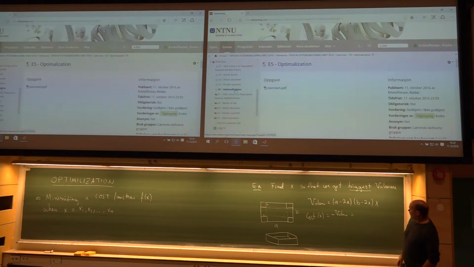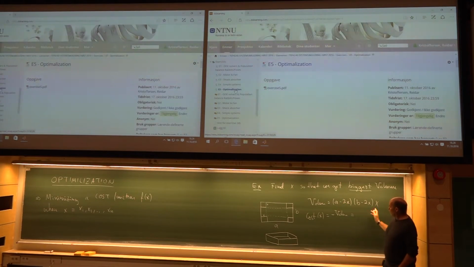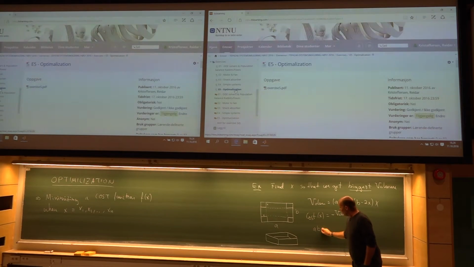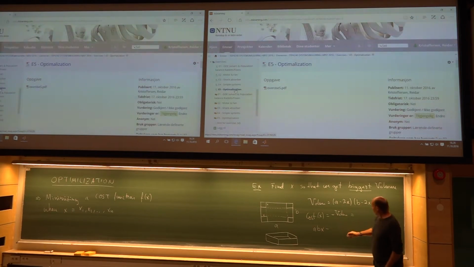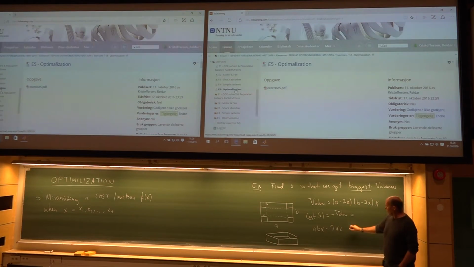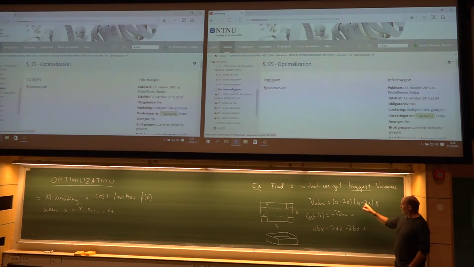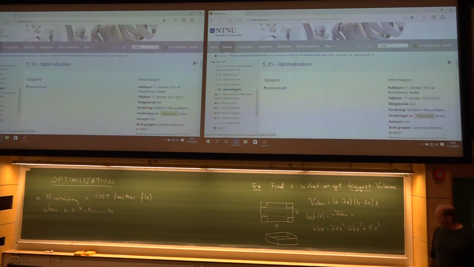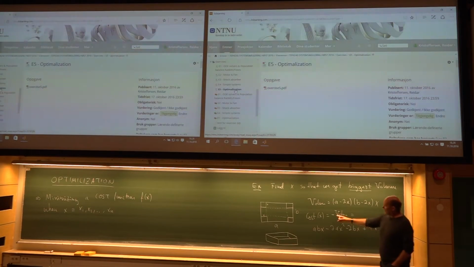And what will it be? You have a, b, x. You will have minus 2ax minus 2bx plus 4 times x to the power of 3, and this should actually be power of 2, with a negative sign on.